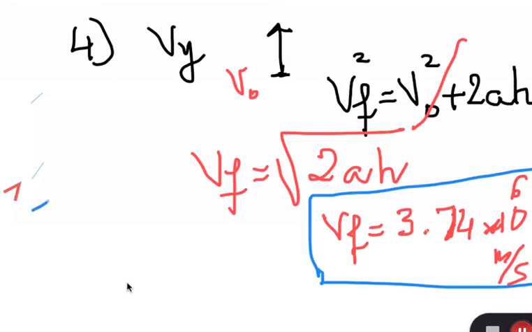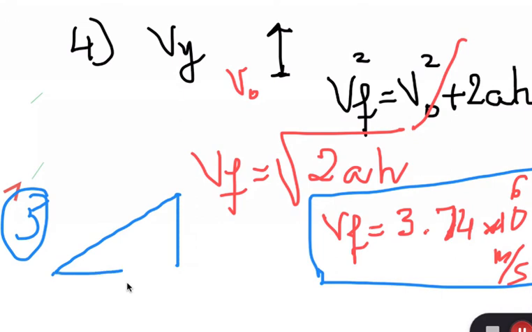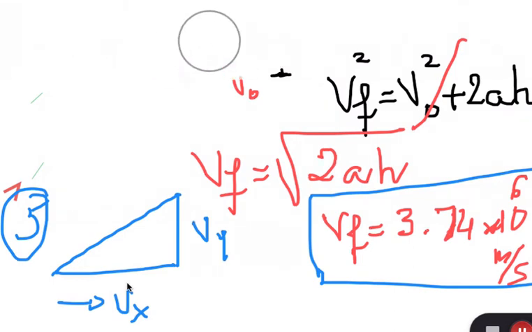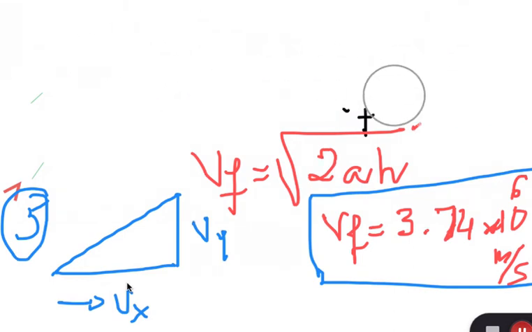And the last question, number 5, is asking us about the angle of the velocity. So it is like this. We have here Vx, and we have here Vy. What we're going to do is apply trigonometry properties.